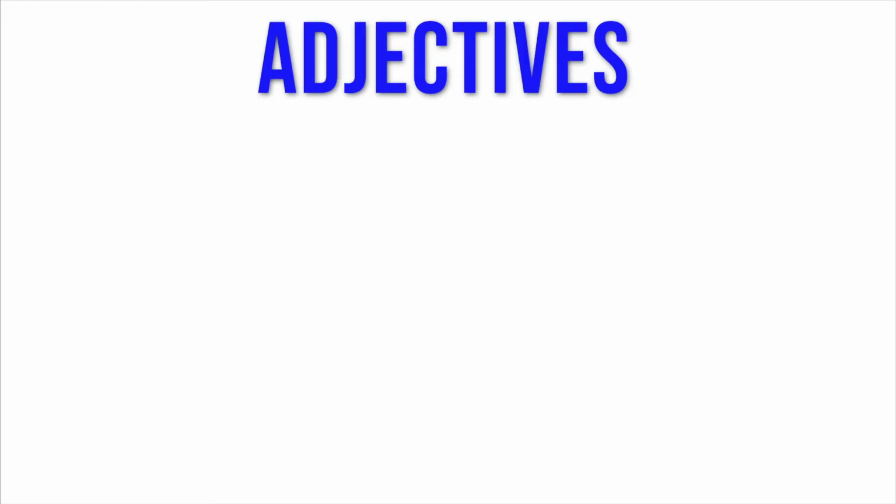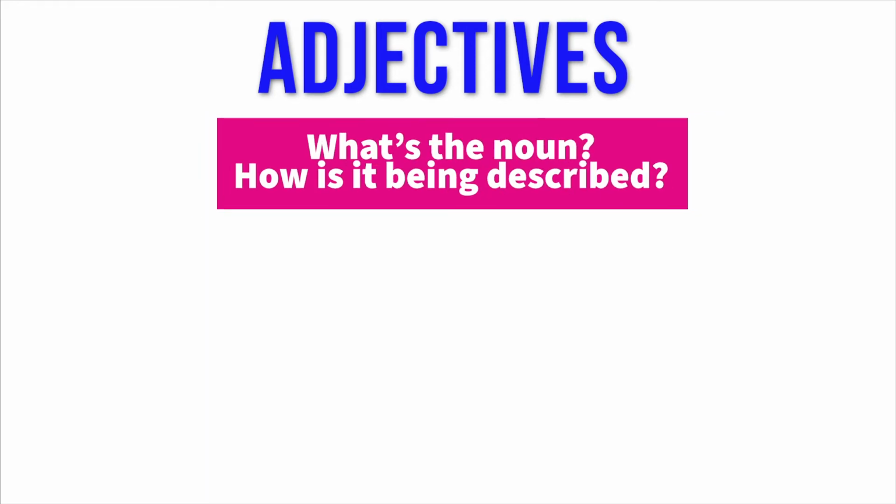So in order to combat that, we have to use adjectives, because adjectives give us a way to describe the nouns that we use within a sentence. Whenever you're trying to recognize an adjective within a sentence, you have to ask yourself first, what is the noun or what is the subject of the sentence? Once you figure that out, then you want to ask, how is this noun or subject being described?